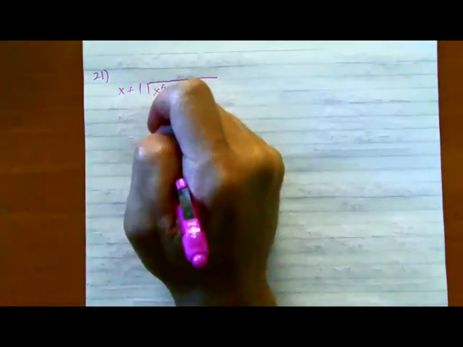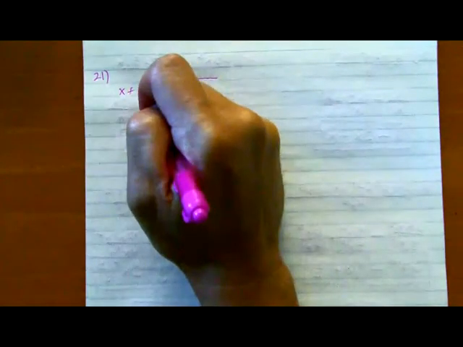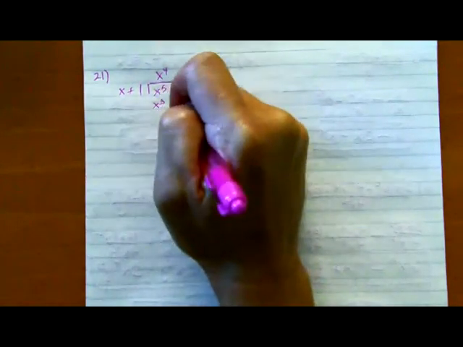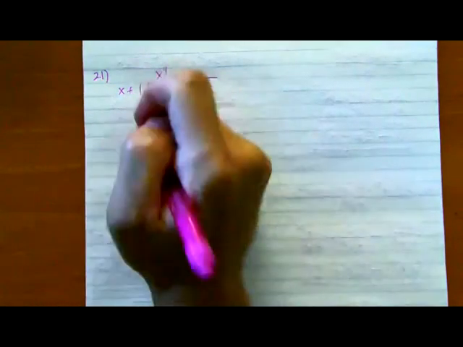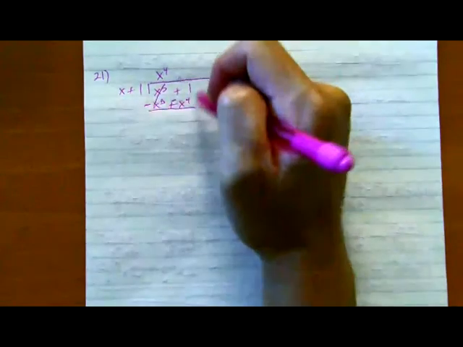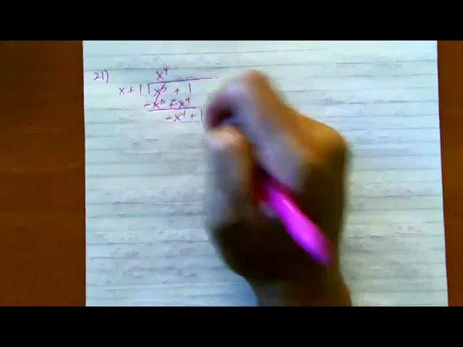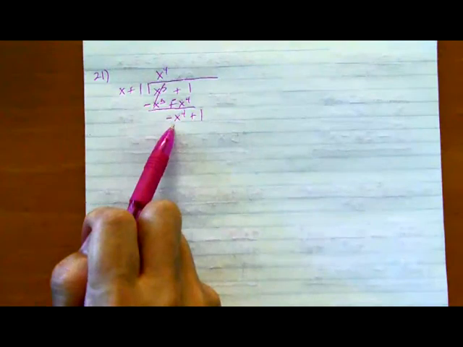Something times x is x to the 5th. x to the 4th. We're going to multiply x to the 4th to both terms. So that gives us x to the 5th plus x to the 4th. We're going to subtract, so the signs have to change. This becomes minus, this becomes minus. That cancels. We can't combine those two terms, so we just write them separately. Negative x to the 4th plus 1. And we do it again. Something times x is negative x to the 4th.